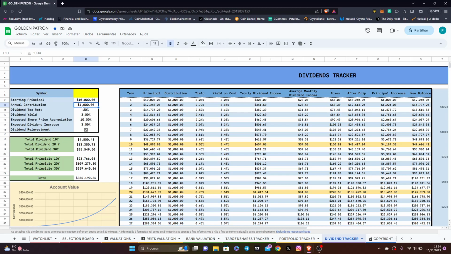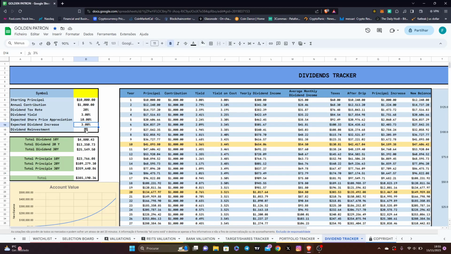Let's say we want to contribute $1,000 annually, and the dividend tax rate would be 20%, with a 3% average yield on your portfolio. The yearly share price appreciation would be 10%, with an expected dividend increase of 3%. And let's assume you reinvest everything.